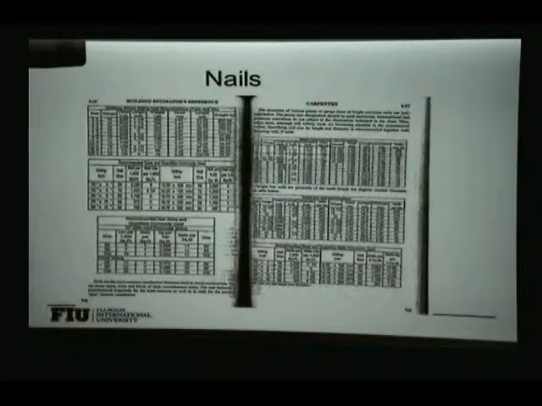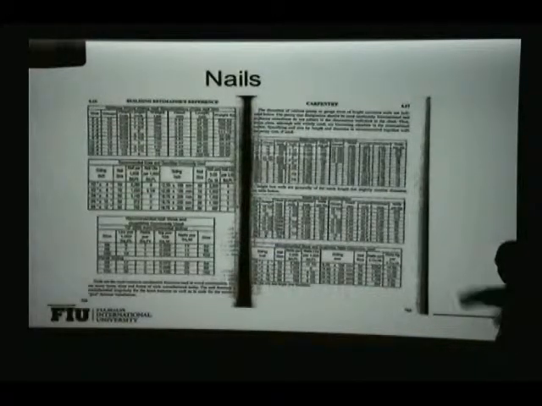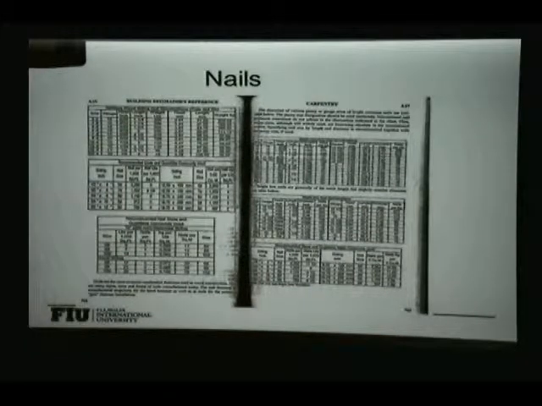Here is a table that shows, for carpentry uses, how many nails you will need to cover a certain area. I don't think anyone will get down to that level of detail. When you're doing that type of trade in construction, you do want to have all your costs estimated to that level of detail.